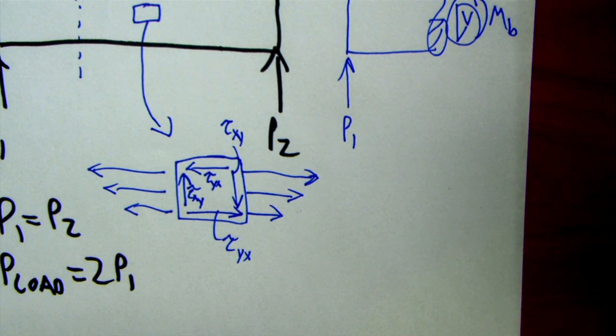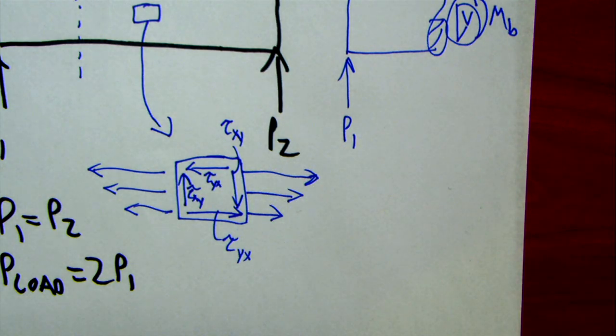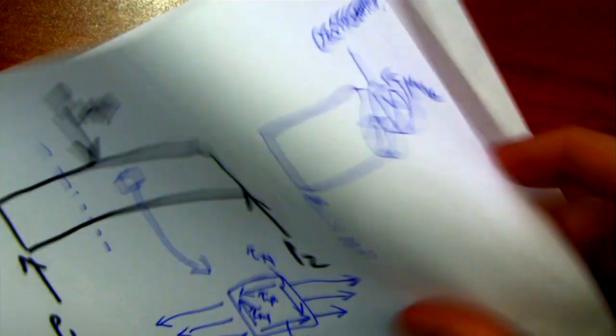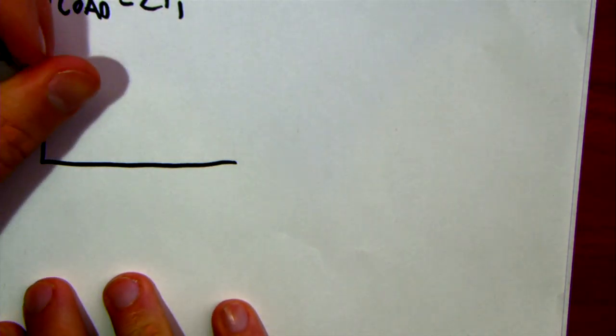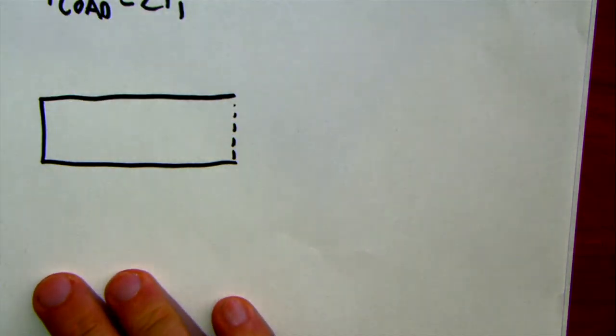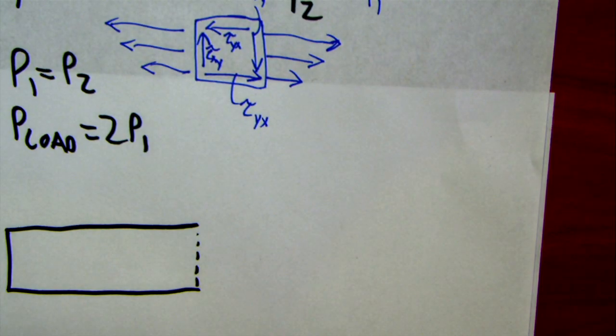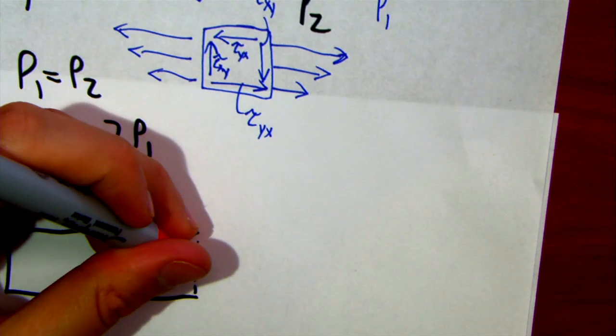So let's try to sketch this out a little bit more. I'm just going to redraw that beam quick. I'm going to draw the edge of my section there. Here's my little stress element.